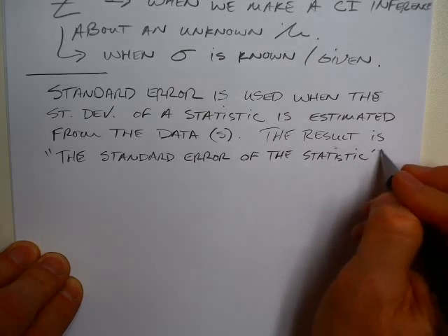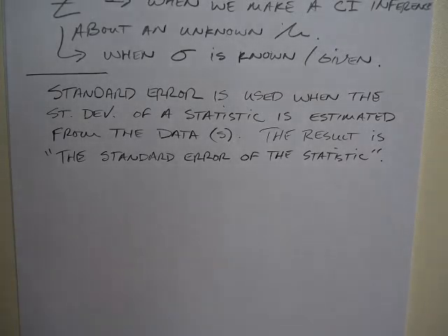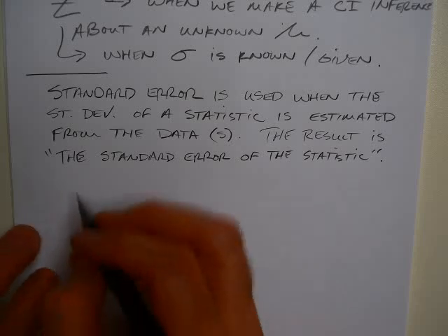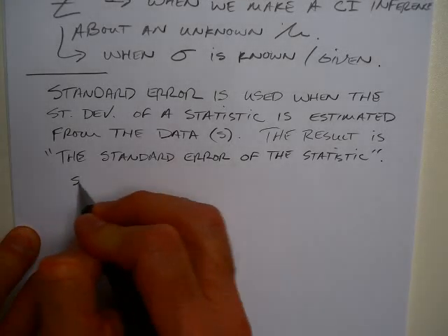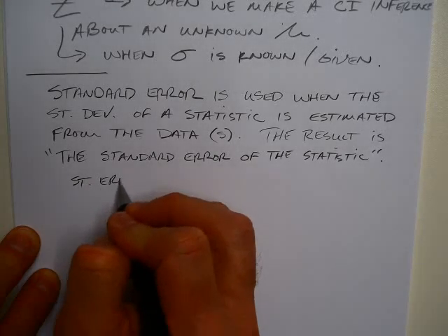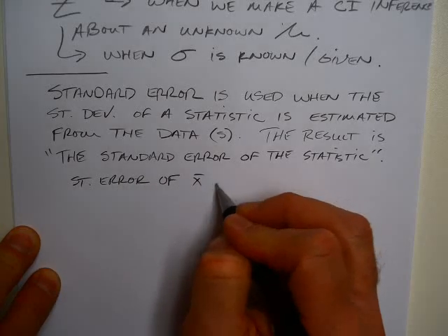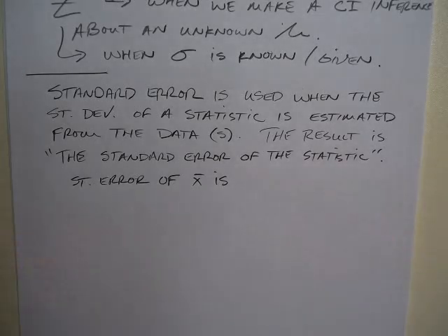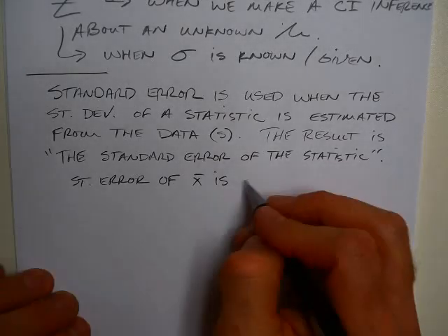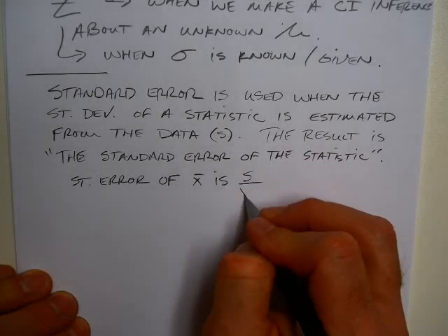And that's potentially how you'll see that phrased, as the standard error of the statistic, and that statistic being x bar. So the standard error of x bar is S over the square root of n.